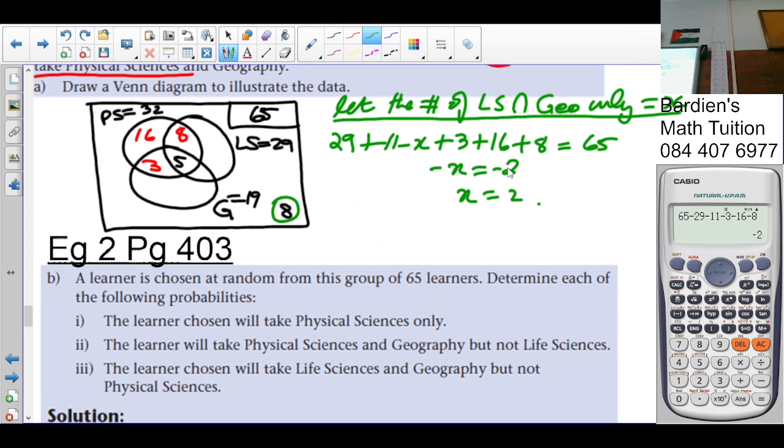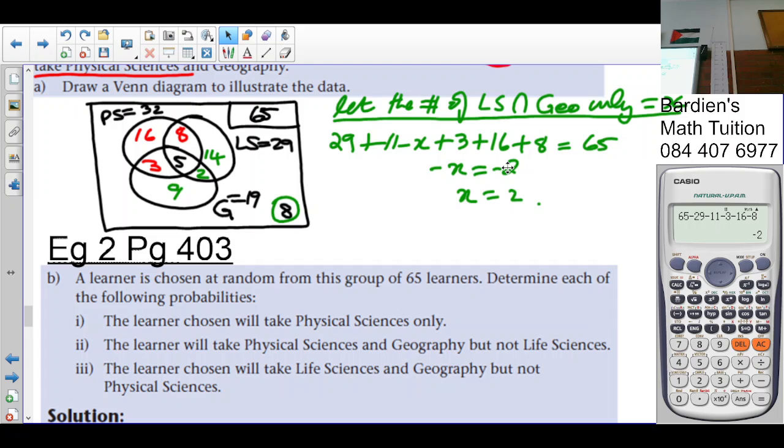So this is now 2. What was in this empty circle here? 16 minus x, so it's going to give you 14, not so? What was in the space here? So it's going to give you 9. You guys see that? Now we can answer the question.